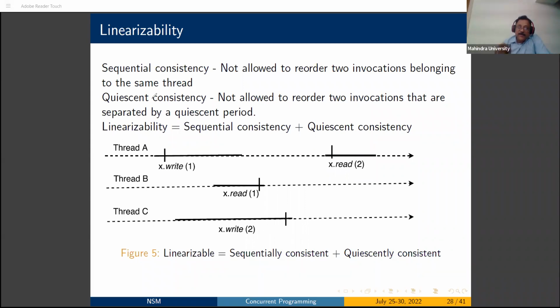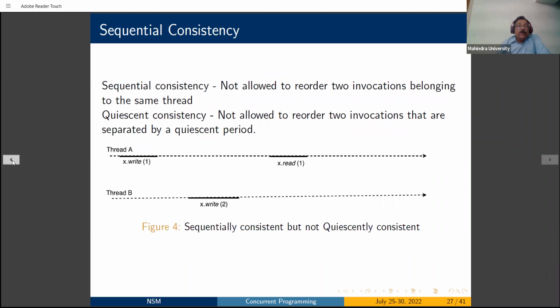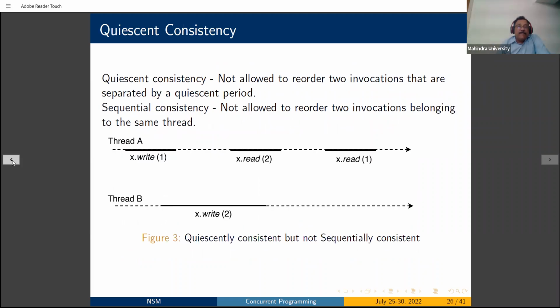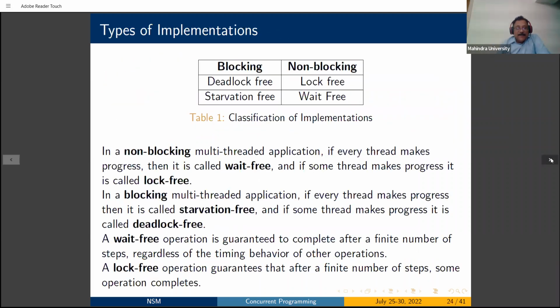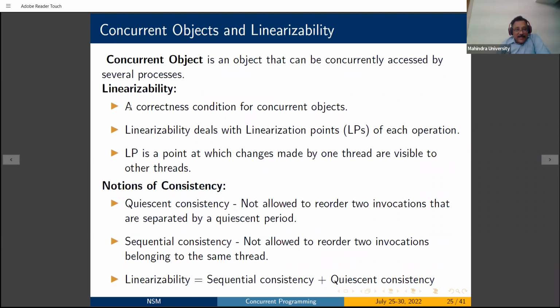Suppose you write any concurrent program, that concurrent program should satisfy these 2 properties: the sequential consistency property and the quiescent consistency property. Then only it is a valid concurrent program, otherwise not. When we go back to the previous slide, this linearizability gives the correctness condition for concurrent objects.